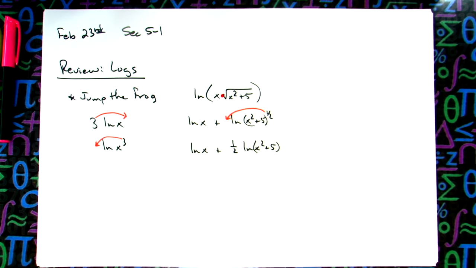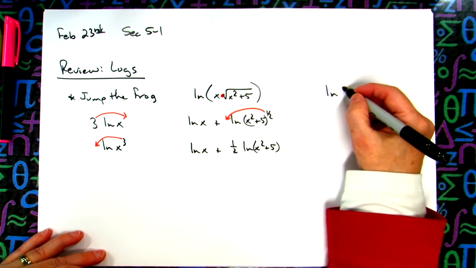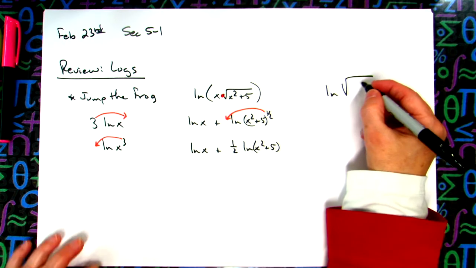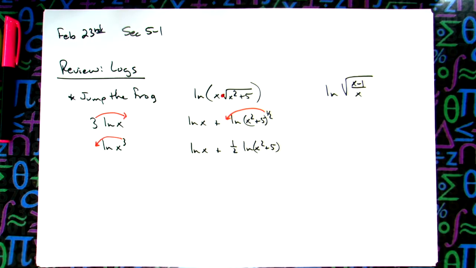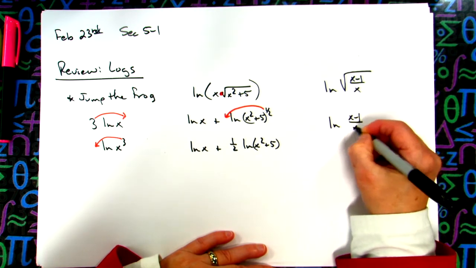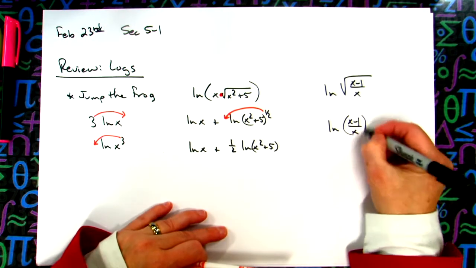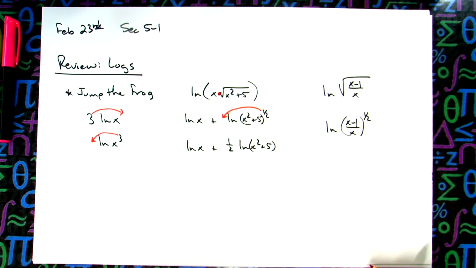And then the other one, let's do, say, natural log of the square root of x minus 1 over x. So the first thing I'd probably do is get rid of that radical, right? So I'd go natural log of x minus 1 over x, and then that would be to the 1/2 power. So I would simplify that from radical to exponential form.